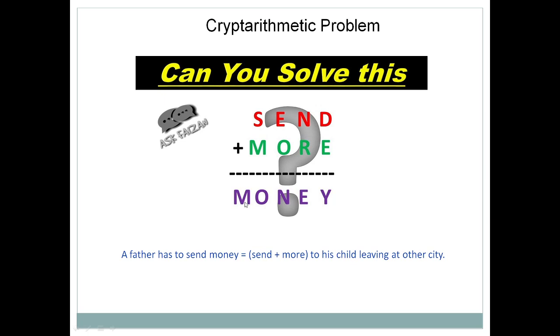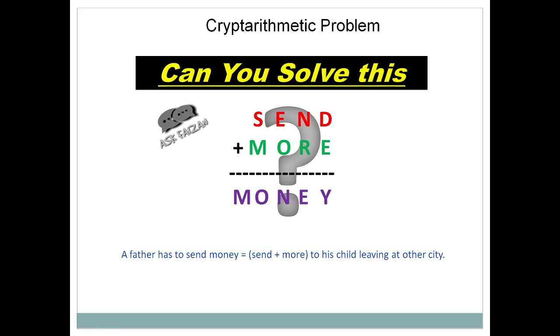What can be the possible value of M? What kind of constraint can we have here? Let's see the addition of S plus M, which gives O, and it should generate the value. What is the possible value? In this case we have only values between 0 and 9. For the addition of S and M, what is the highest number?